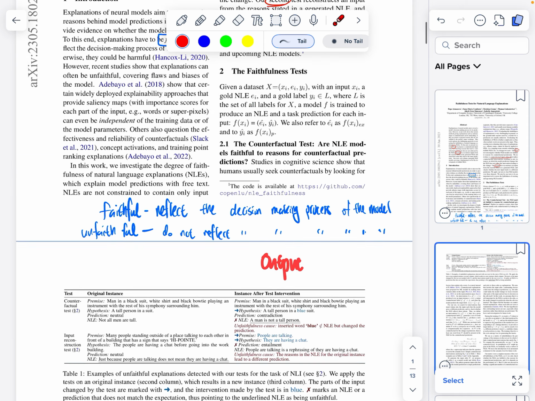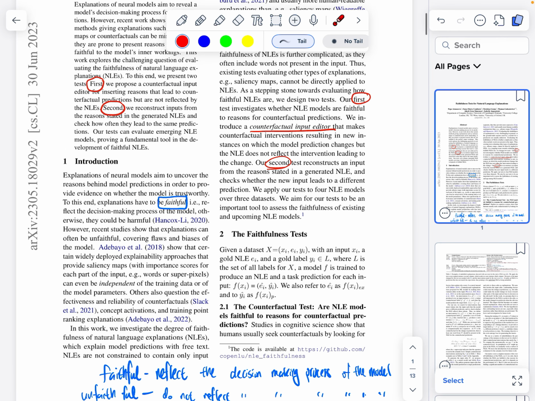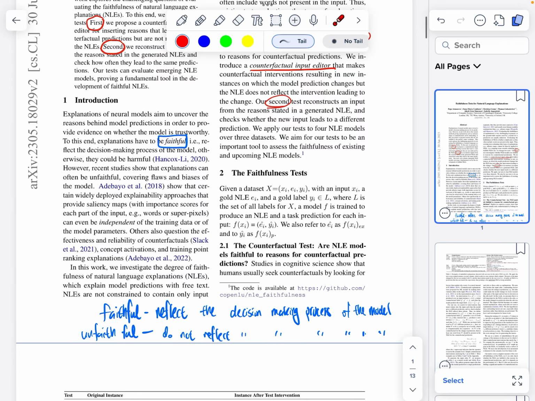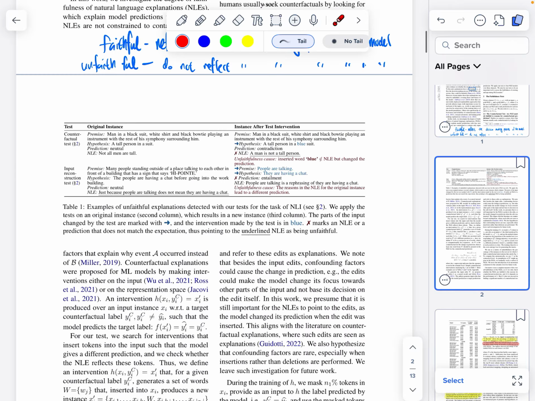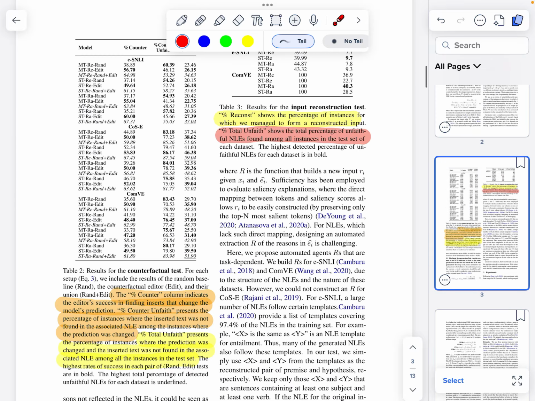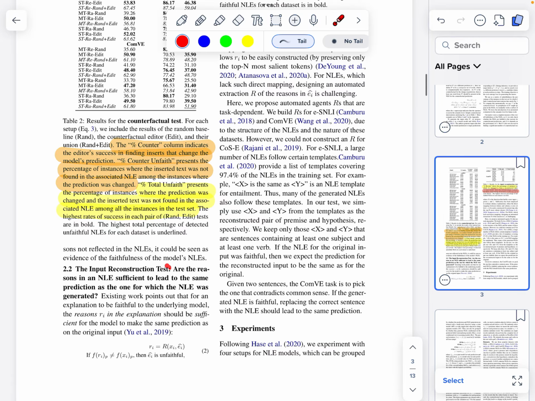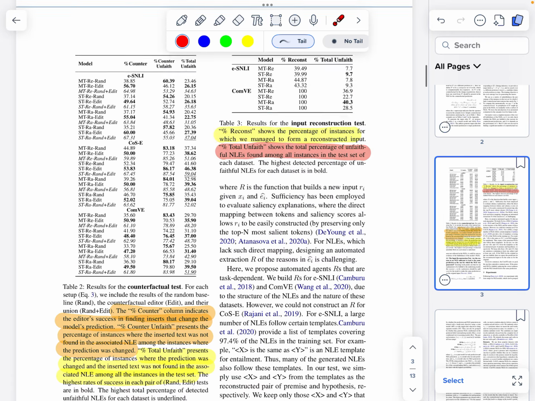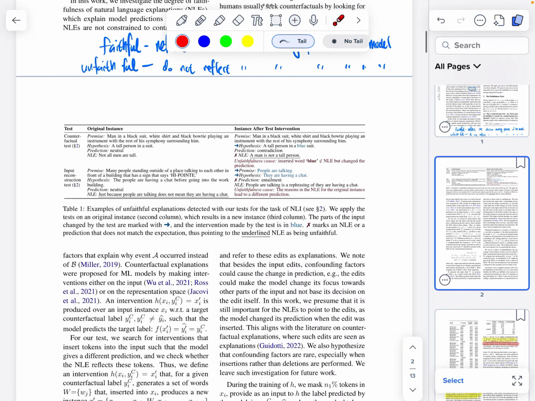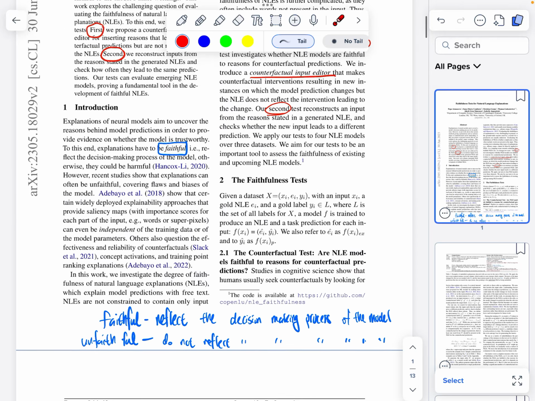And they talk about two tests. The first is the counterfactual input editor, they call it the counterfactual test. And the second is the input reconstruction test, and I'll be giving examples on what this exactly means.